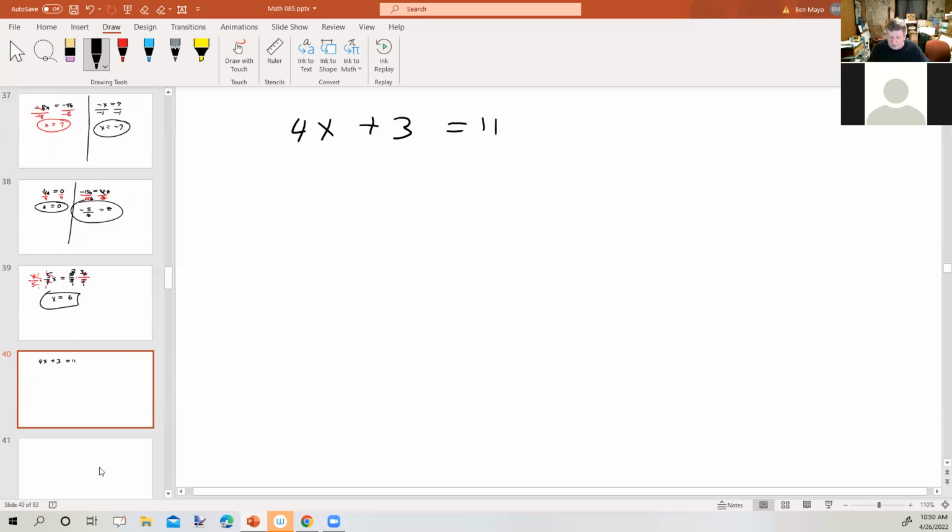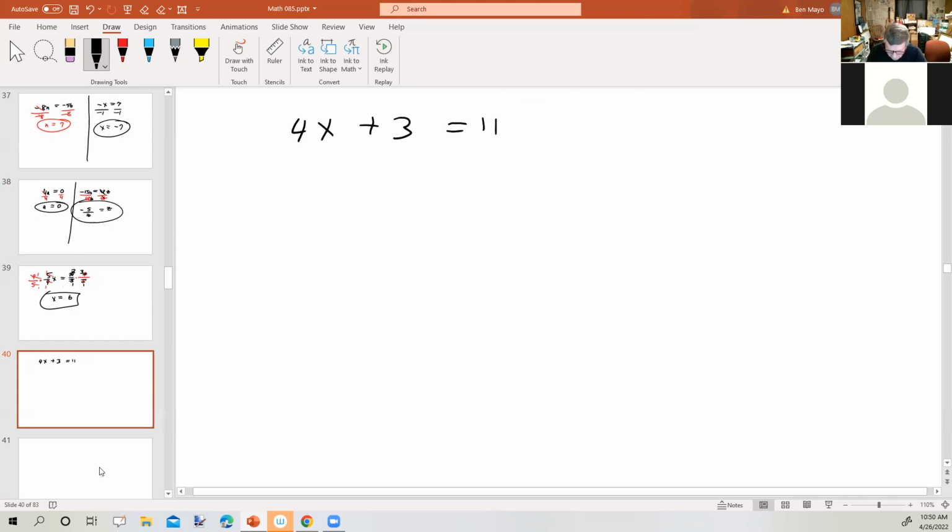So we need to get rid of the 4 and we need to get rid of the 3. But the order in which we do this is important. And here is the mantra I'm going to give you: isolate the variable term, then isolate the variable.